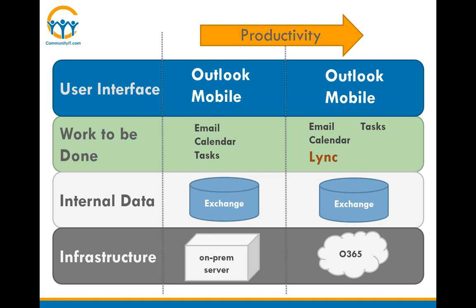And so you're still using the same Exchange server. Though there might be an upgrade from Exchange 2007 to the latest Exchange 2013 when you move to Office 365, essentially you're still staying on the same internal data platform, that middle row.